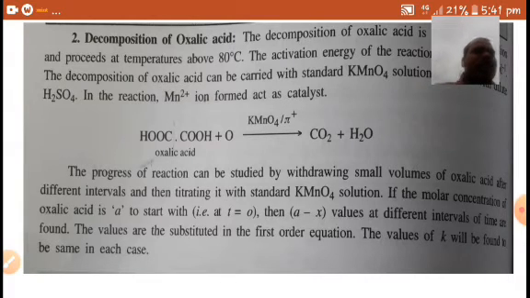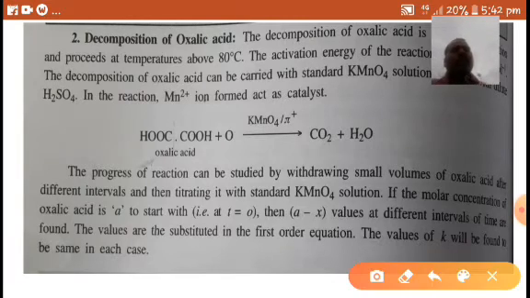solution. If the molar concentration of oxalic acid is a to start with, that means at t is equal to 0, then a minus x values at different intervals of time are found. The values are substituted in the first order equation. The values of k will be found to be the same in each case.